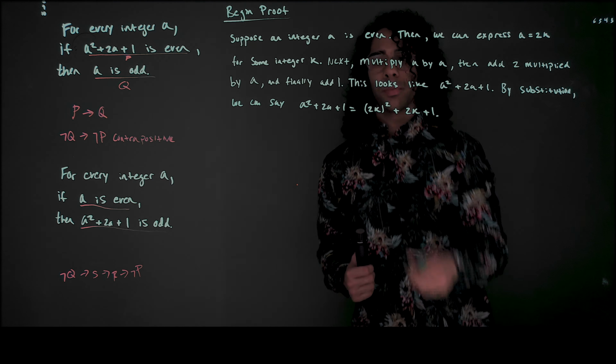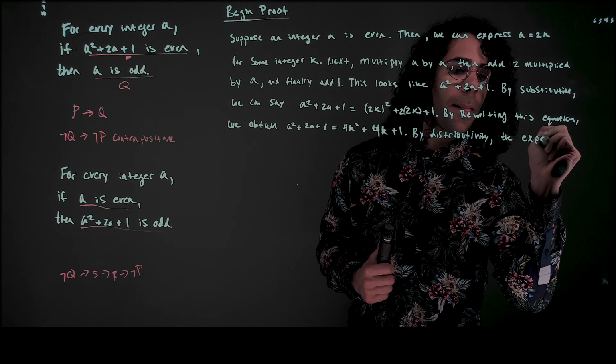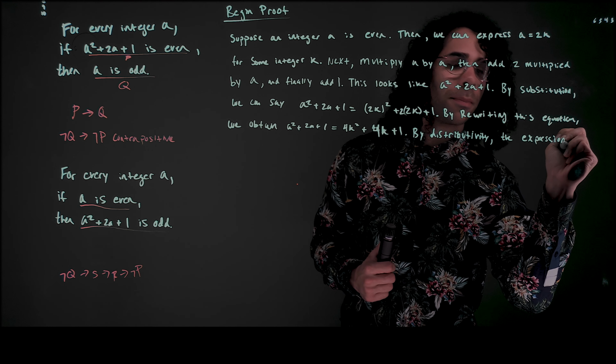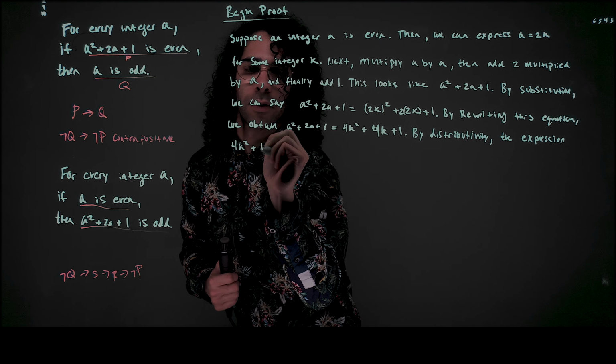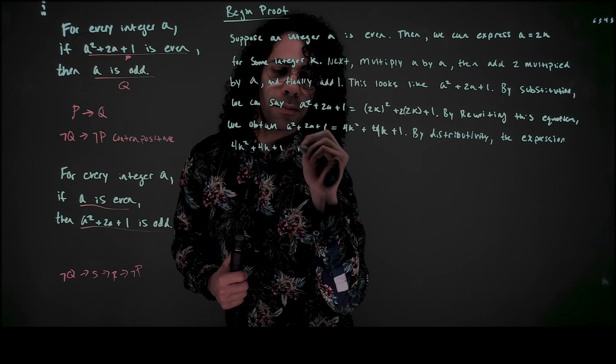By distributivity, the expression 4k squared plus 4k plus 1 is equal to 2 times (2k squared plus 2k) plus 1. And if you multiply the 2 back in, it becomes apparent that this is equal to that.